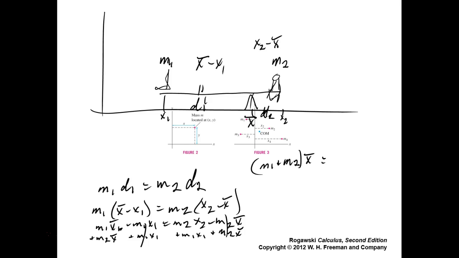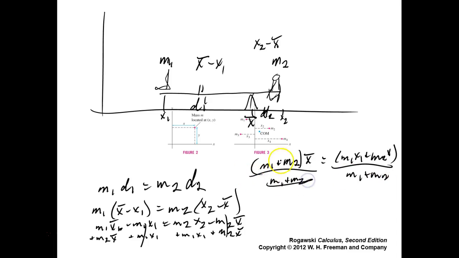And on this side we have M1 X1 plus M2 X2. Yeah, M2 X2. Okay. And then divide both sides by M1 plus M2.